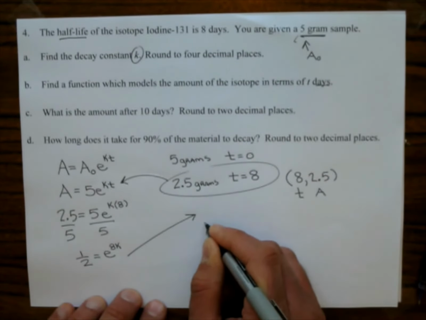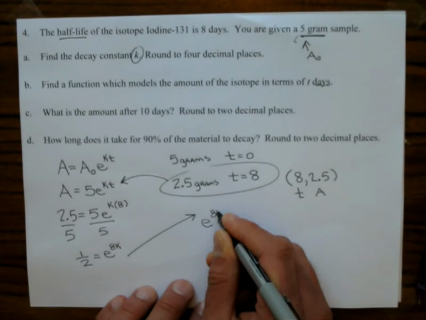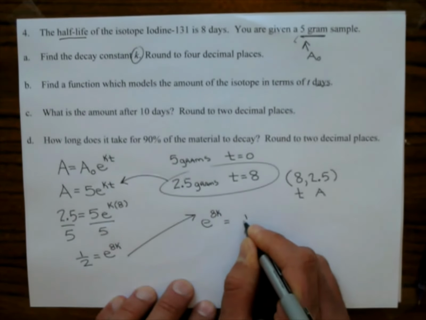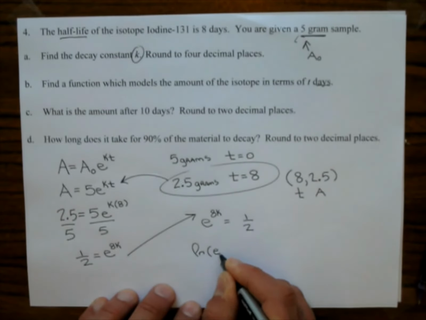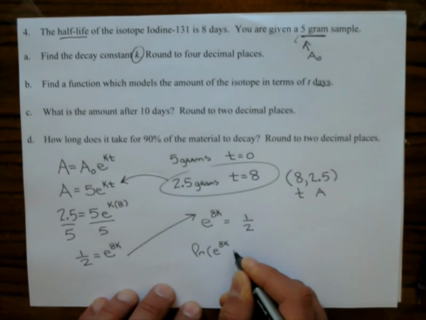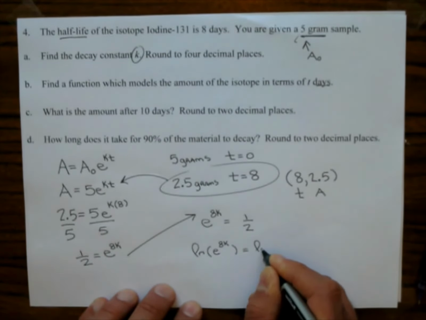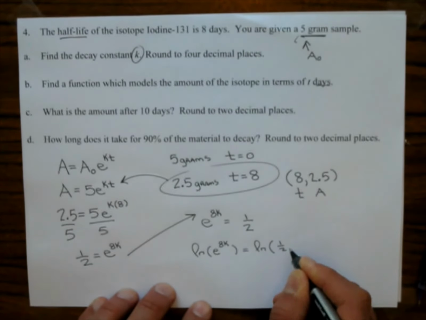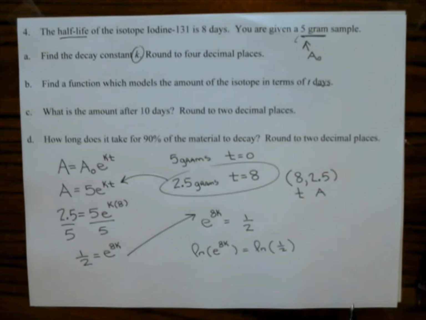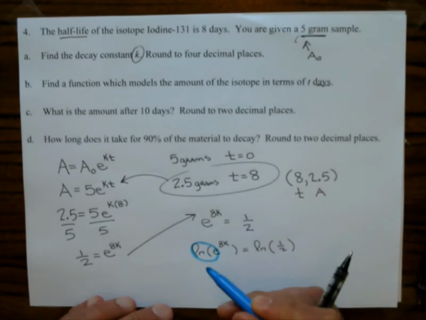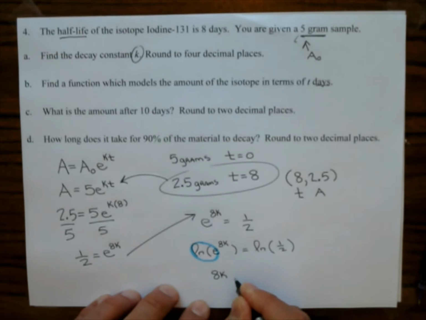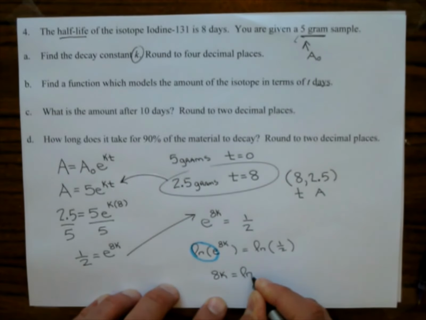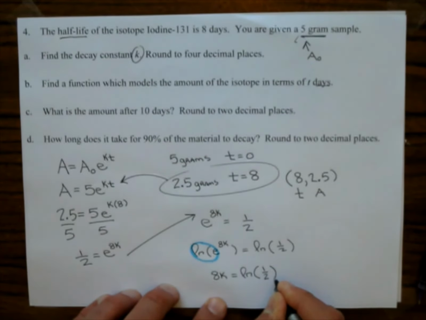So e raised to the 8k power equals 1/2. I'm going to ln both sides. On the left-hand side, this thing goes pop, and I'm just left with 8k equals the ln of 1/2.